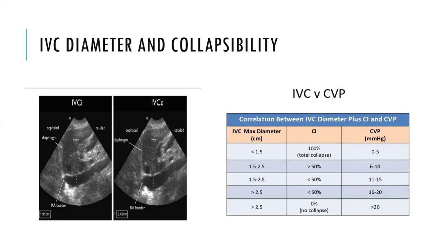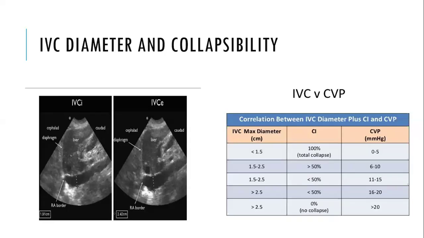One good thing about measurement of IVC diameter and collapsibility index is that you can correlate it with your central venous pressure. So if your IVC diameter is less than 1.5 centimeters with 100% collapsibility, it shows that your CVP is between 0 to 5 centimeters of water or millimeters of mercury. IVC diameter between 1.5 to 2.5 with more than 50% collapsibility is an indication that your CVP is between 6 to 10.